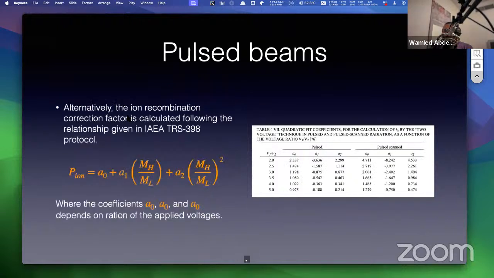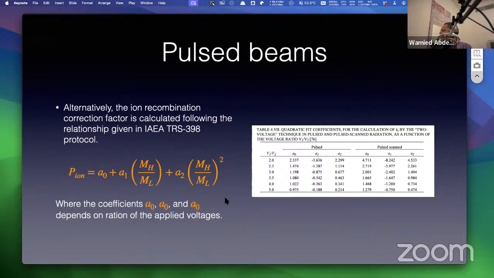There is another, looking at the IAEA TRS 398 protocol. They also recommend, so basically now they're saying this P ion is given by a quadratic equation with parameters A0, A1, and A2, and these parameters A0, A1, and A2 are coefficients.